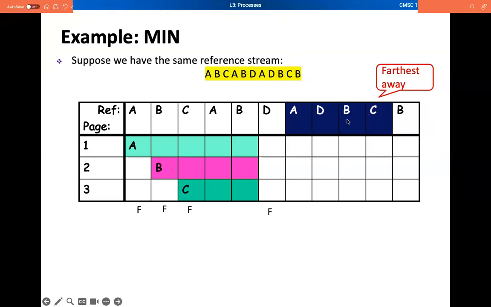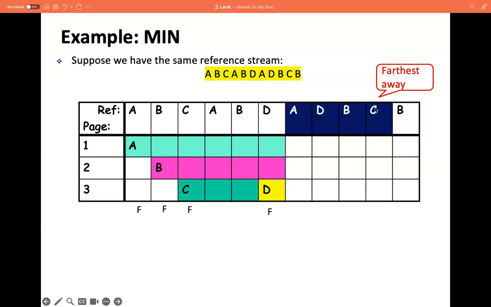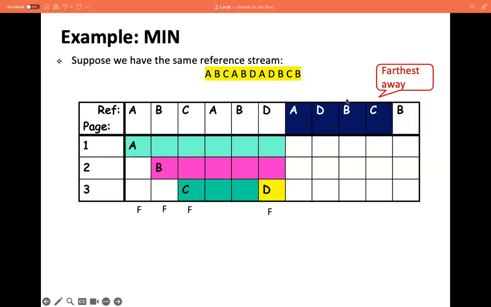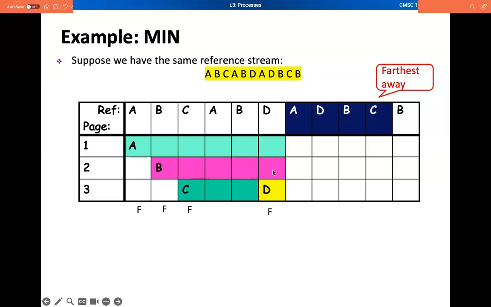Assuming that we look at the 4 frames away, C is the last one, matagal pa si C kumbaga ipa-process. So yung pinakamalapit or nagko-queue ay si D and then si B. So we will not replace them yet.